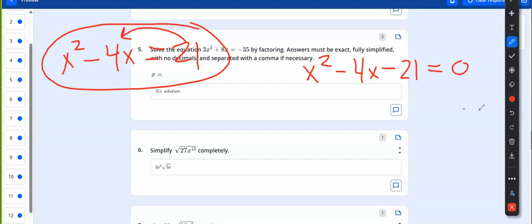Should I put that into the graphing calculator? Well, you could. Did you guys talk about what to do to factor it, or did you just go ahead and graph it? We just graphed it. Okay. Then that's what we'll do.